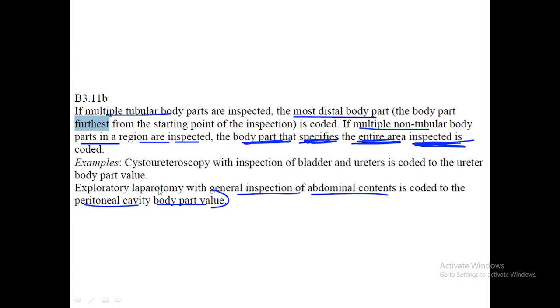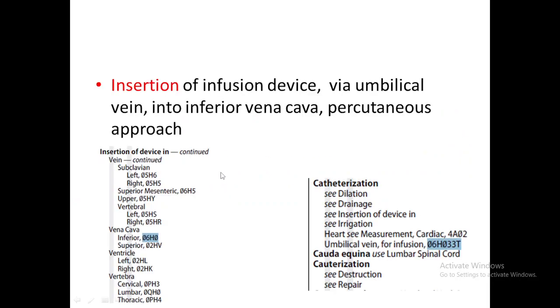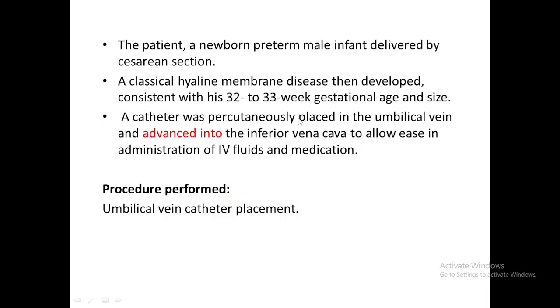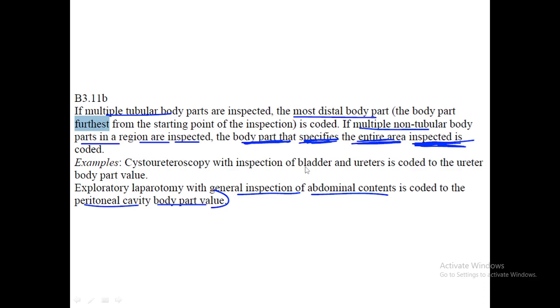So here we should recollect some guidelines. If multiple tubular body parts are inspected, then the most distal body part, that means the body part which is furthest from the starting point of inspection, is coded. So here, though the catheter is placed in the umbilical vein, it is advanced up to the inferior vena cava.